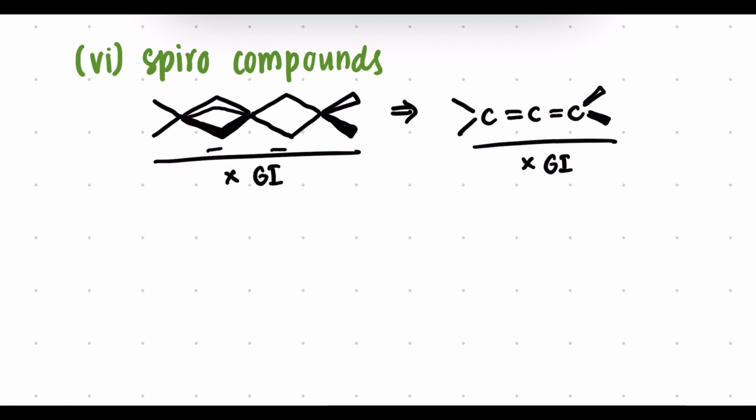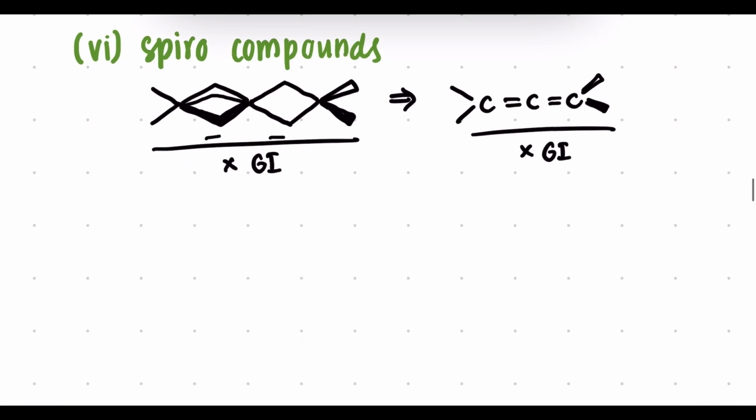So similarly with spiro compounds, you can consider these rings to be double bonds. And when you consider them as double bonds, convert them all into double bonds and do the same thing that we did in allenes to understand whether or not it shows geometrical isomerism.